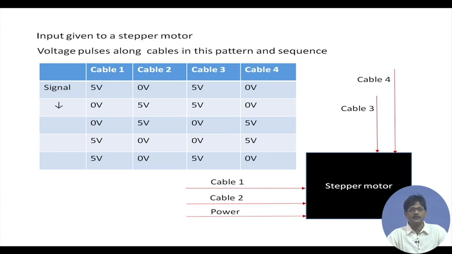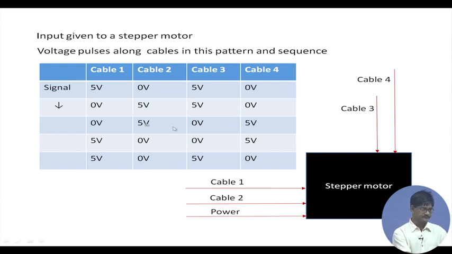So, they are always having either 5 volts or 0 volts; they are binary signals, and moreover cable 2 is always the complement of cable 1. In the same manner, cable 4 is always the complement of cable 3. So, we could have had only 2 cables carrying 2 basic signals, and then we could have taken their complements and got the 4 signals shown here.